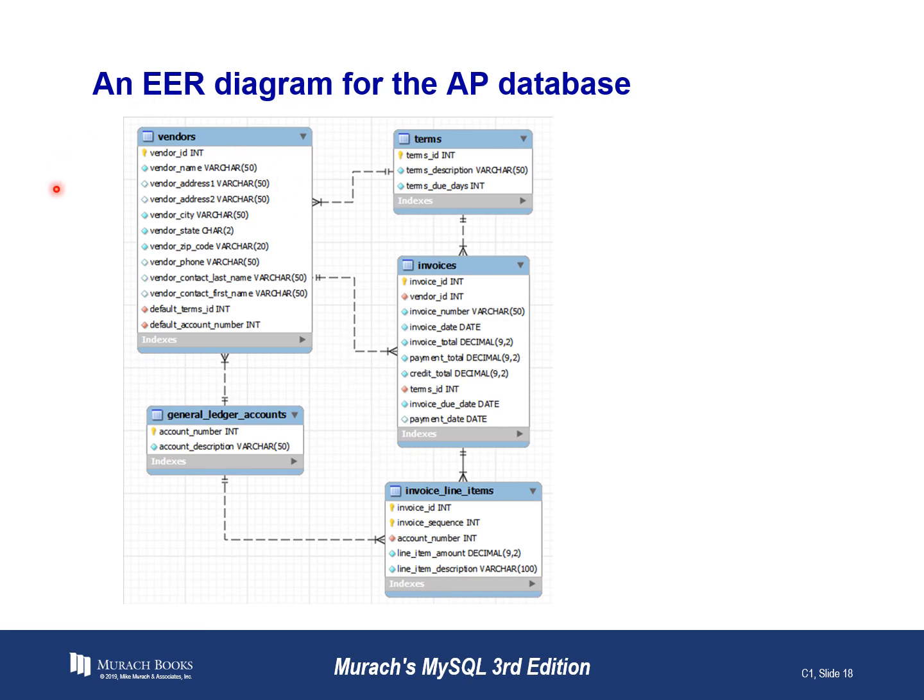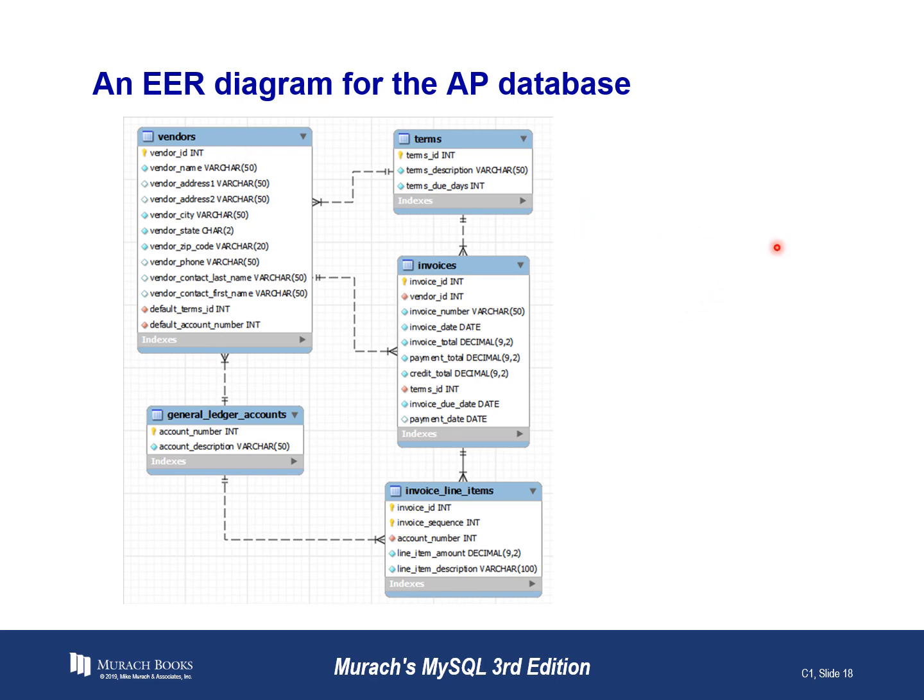Inside each of these boxes, there's a whole bunch of lines written. The first one here is the vendor ID, and it says int, and it has, you probably can't see, a small yellow key icon next to it. What that means is that it's a primary key, the name of the field is vendor ID, and the data type is int.